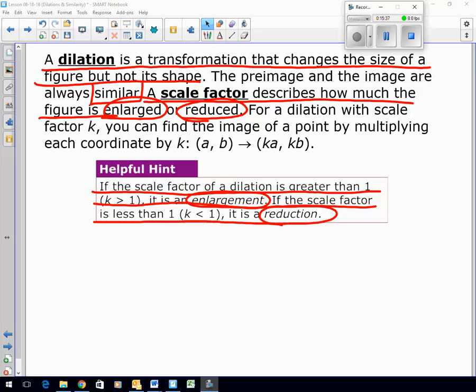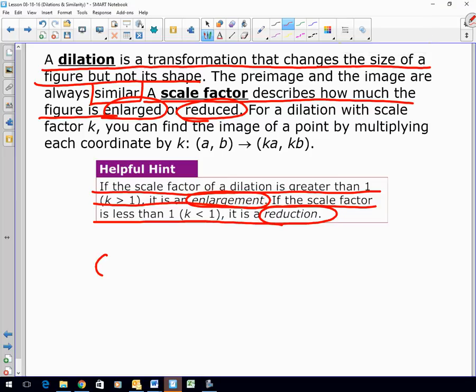Here is going to be what trips you up. When you have a dilation, your scale factor must be between 0 and 1. Somewhere in between there is going to get you a reduction.